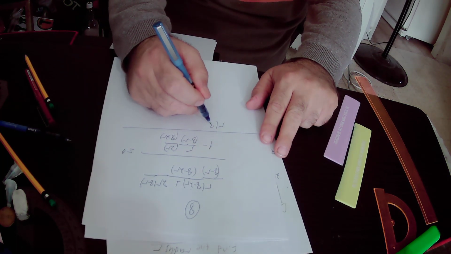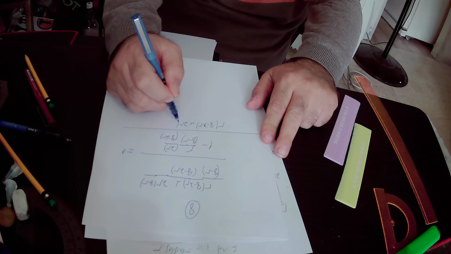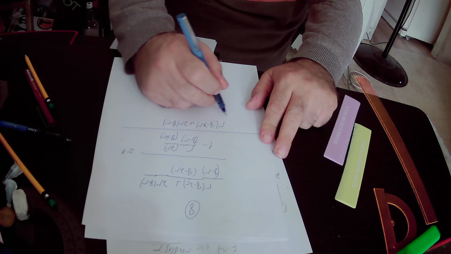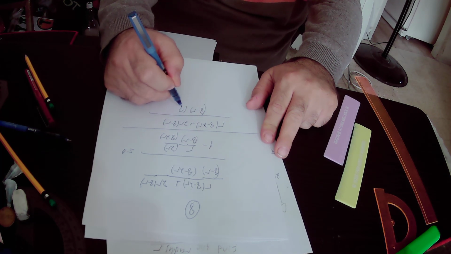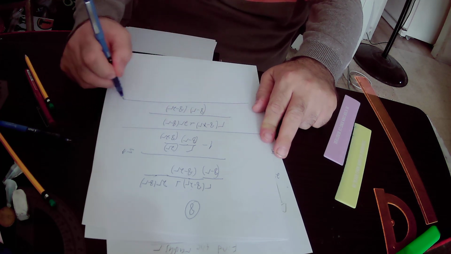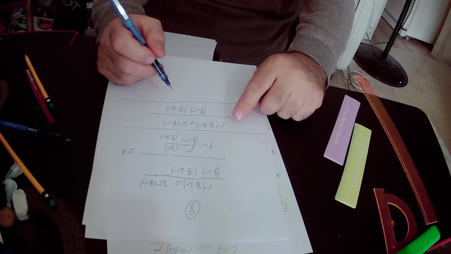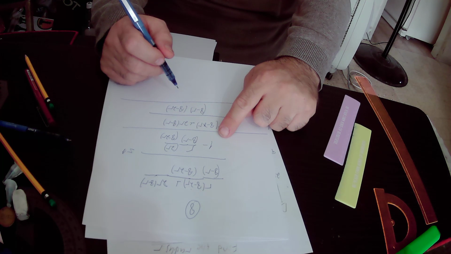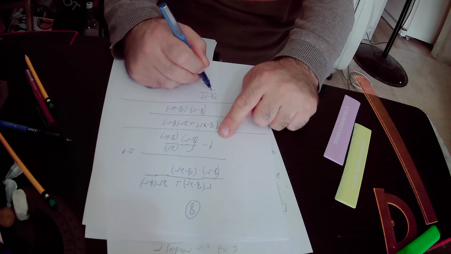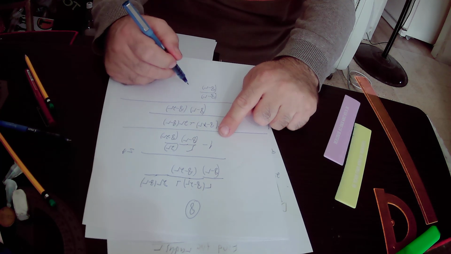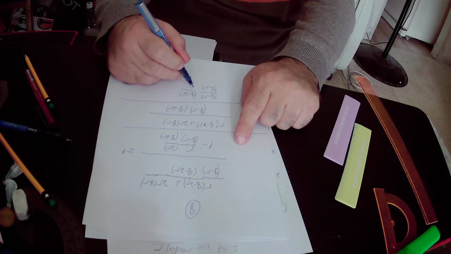r times 8 minus 2r plus 2r times 8 minus r over 8 minus r times 8 minus 2r over, again, instead of r we will write down 8 minus r over 8 minus r, that is actually equals to 1, and 8 minus 2r over 8 minus 2r, it is actually also equals to 1.